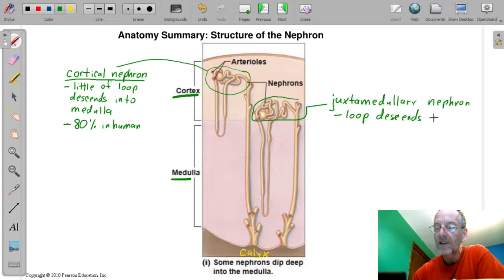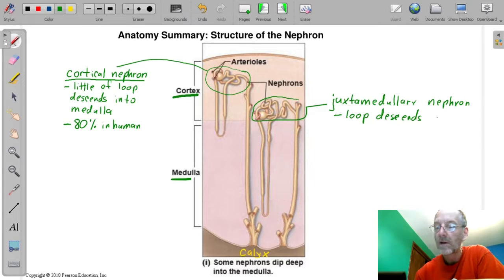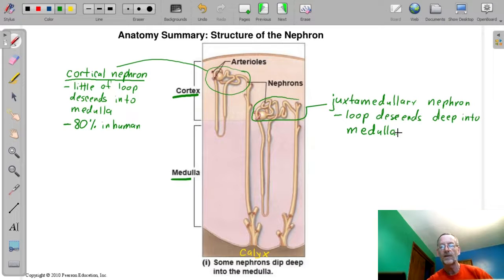So the loop descends deep into the medulla. So there are two types of nephrons, the cortical nephrons and the juxtamedullary nephrons. Okay, that's enough for that slide.